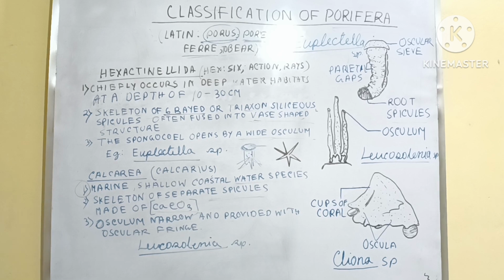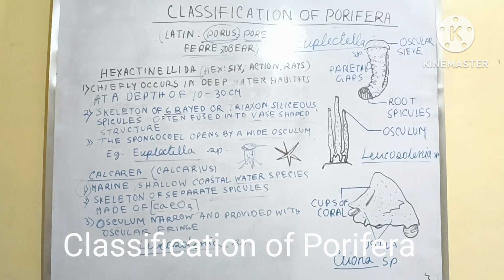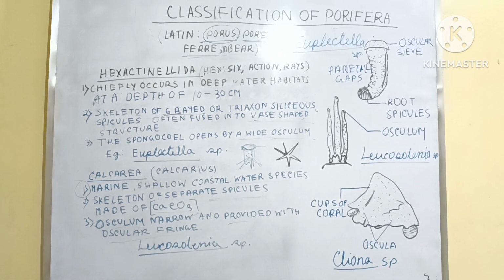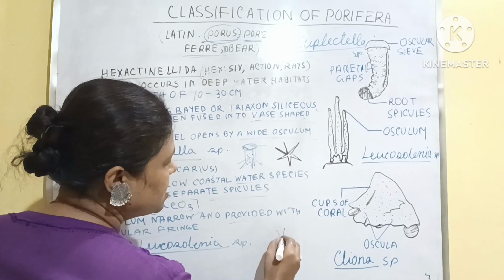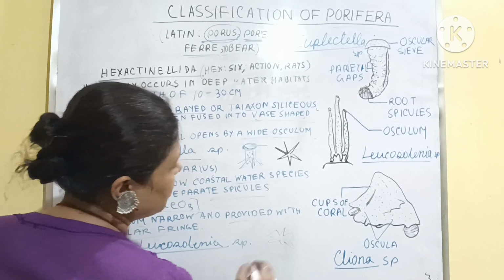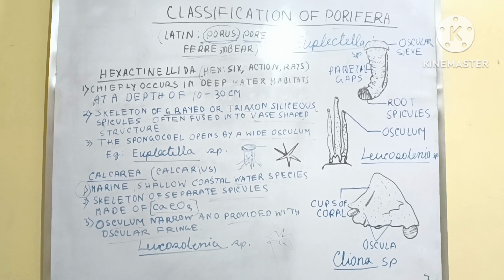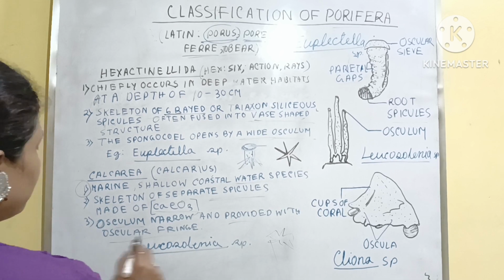And the third one is the osculum is narrow and provided with oscular fringe. Fringe means this kind of fringe. So the osculum is very narrow and provided with the oscular fringe.